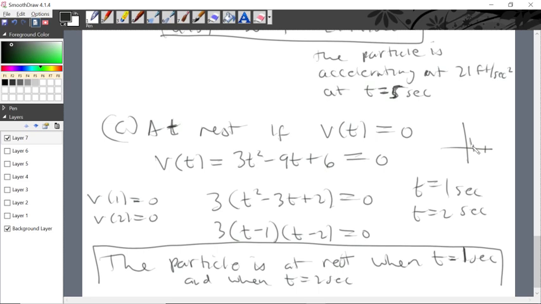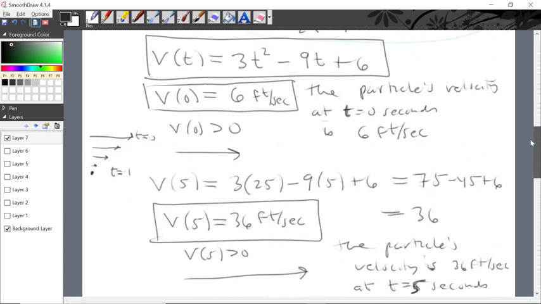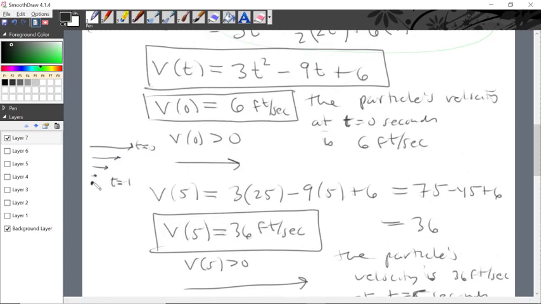It opens up, so the velocity function is less than 0 between 1 second and 2 seconds. The velocity will be negative between 1 second and 2 seconds. That means after t equals 1, the object is going to start moving to the left, but we know that it comes back to rest again when t is equal to 2.